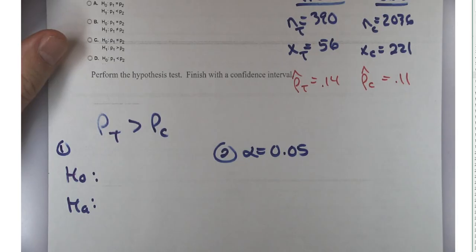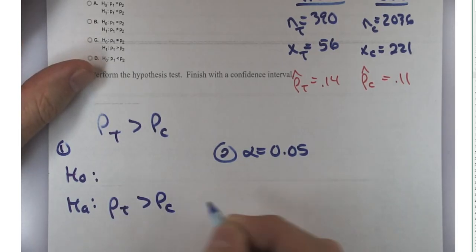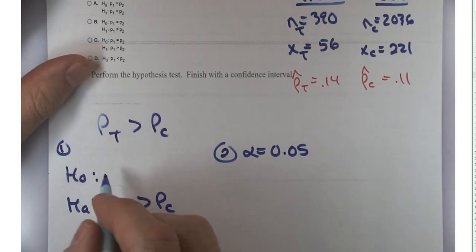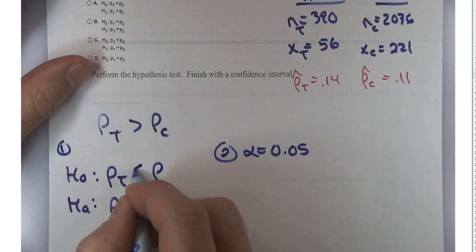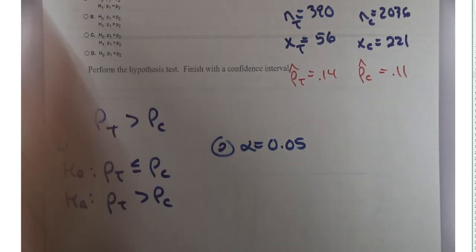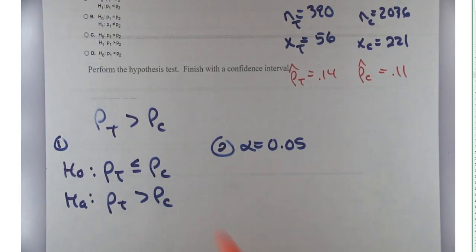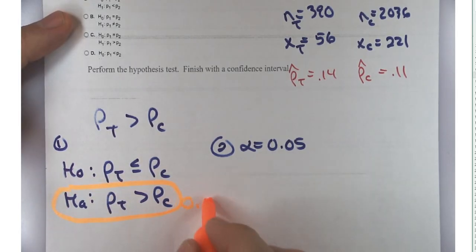So P sub T greater than P sub C. What goes in H0? P sub T greater than or equal to P sub C. Mm-mm. Less than or equal to, I'm sorry. Less than or equal to P sub C. Cool. So there's your original claim. Circle that for later use.